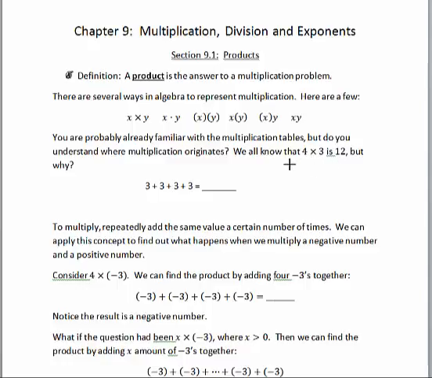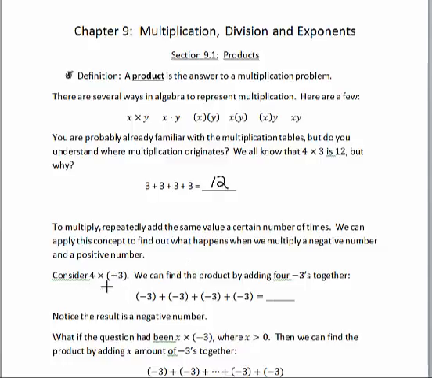Another way we could express that is to write 4 3's that are all added together. So 3 plus 3 plus 3 plus 3 is 12. The next part reads, to multiply, repeatedly add the same value a certain number of times.